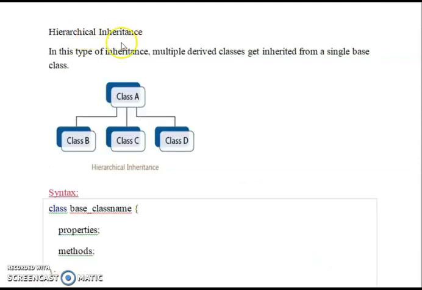Hierarchical inheritance. In the diagram, one base class can be inherited by multiple derived classes. Here multiple derived classes get inherited from a single base class.